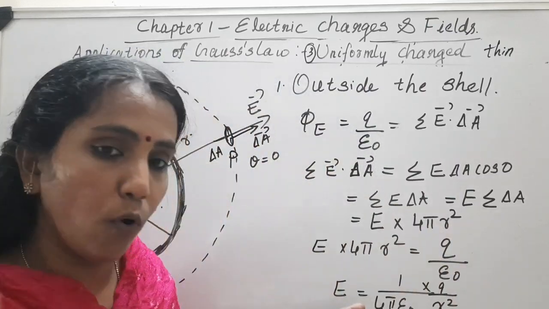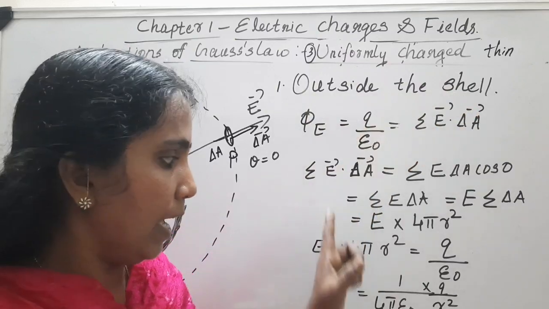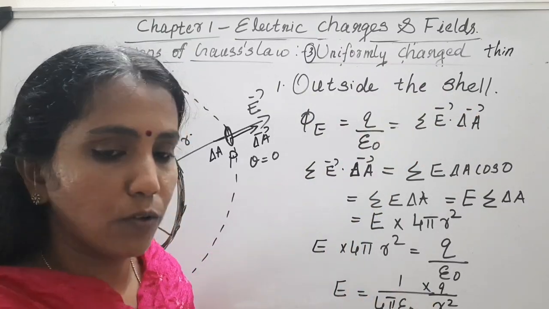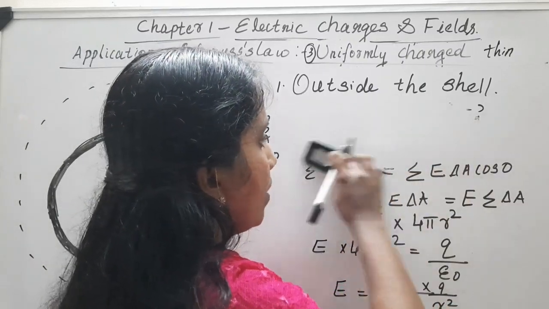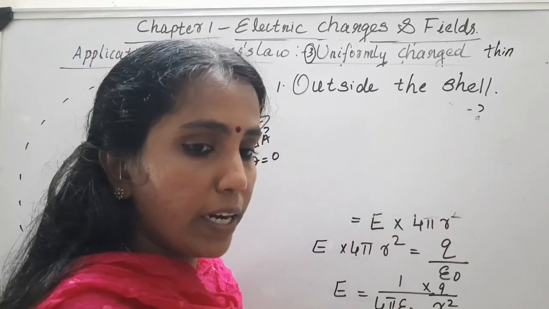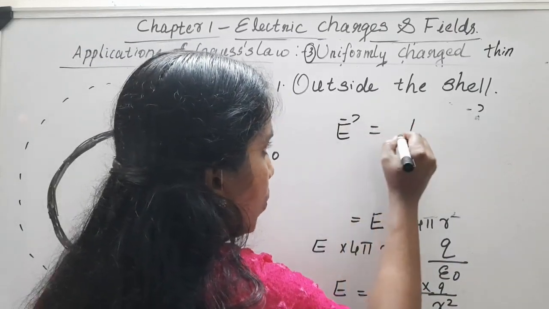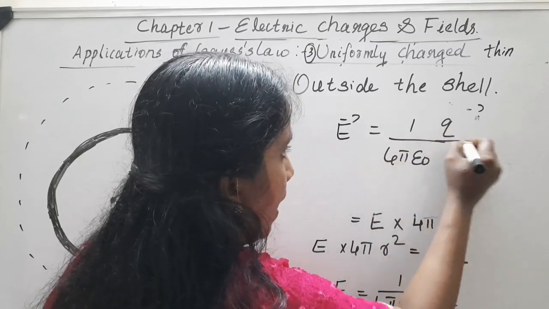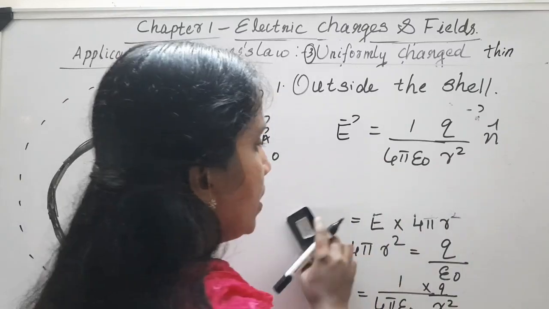So the expression for electric field due to a spherical shell outside the shell is E equal to 1 by 4 pi epsilon 0 Q by r square. So incorporating the direction, vector E is equal to 1 by 4 pi epsilon 0 Q by r square into n cap, where n cap shows the direction.